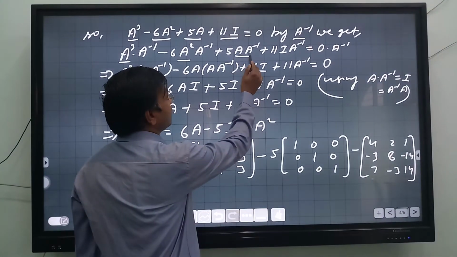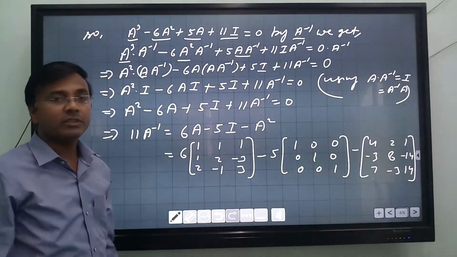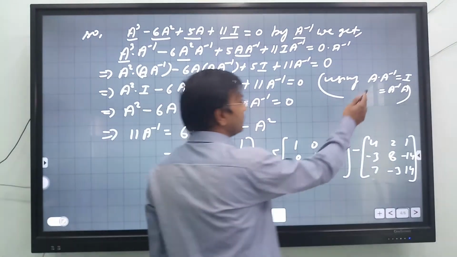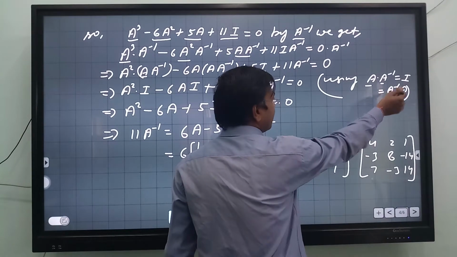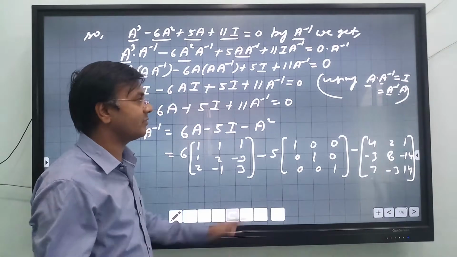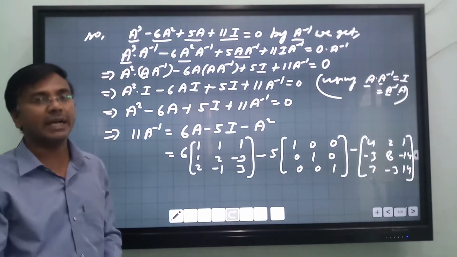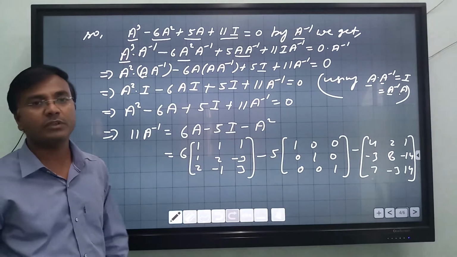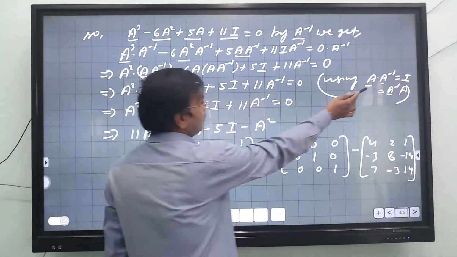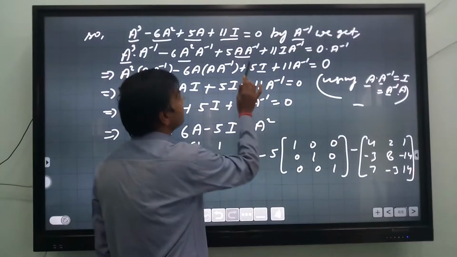Next, A into A inverse. We have learnt that if the matrix is invertible, then A into A inverse equals I equals A inverse into A. The product of any matrix with its inverse becomes the identity matrix. This is the property of inverse matrices, or invertible matrices. So we are using this property.